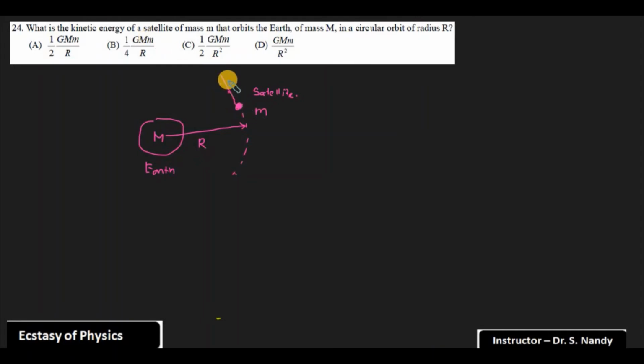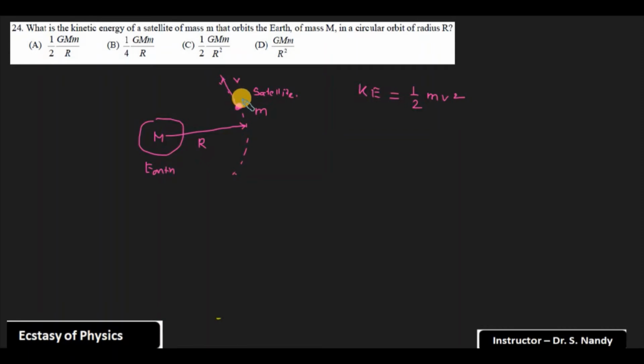If we consider the tangential speed of the satellite to be v, the kinetic energy of the satellite becomes half m v square. Here v represents the tangential speed, or orbital speed, of the satellite.